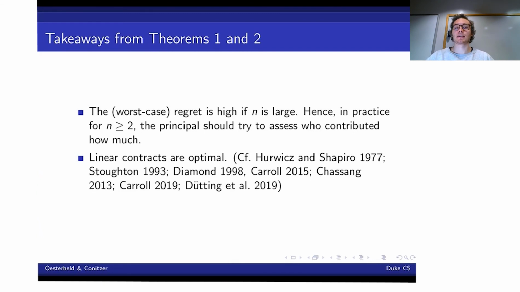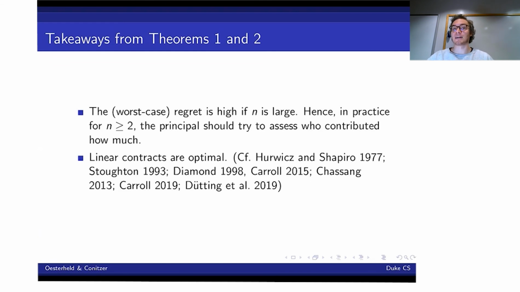The more interesting conclusion, I think, from these theorems is that linear contracts are the optimal contracts in this setting. And there's a long history of papers in economics, mainly on principal agent problems and principal expert problems, which show that under various conditions, linear contracts are optimal.